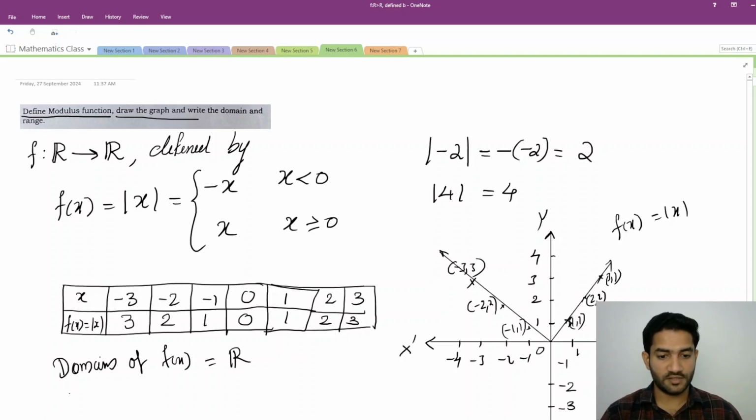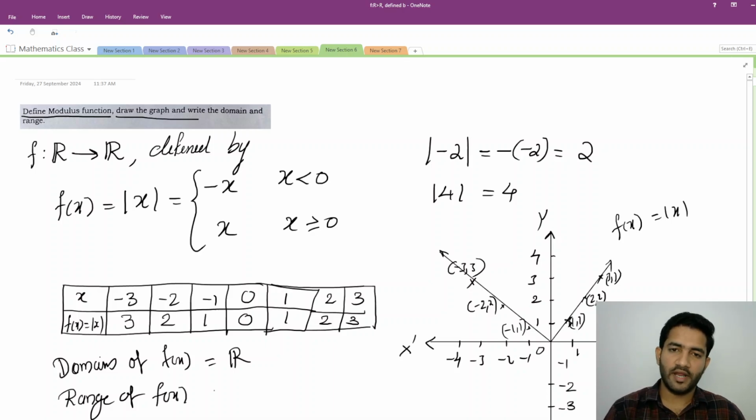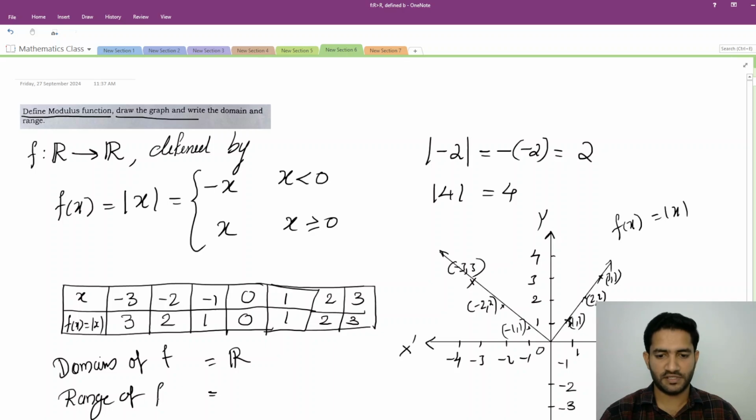Then what's the range? Range of f. Sorry, we have no need to write f of x. Because we are denoting f as the function, the domain of f is R. What's the range? Range means values of y. Look at the graph.